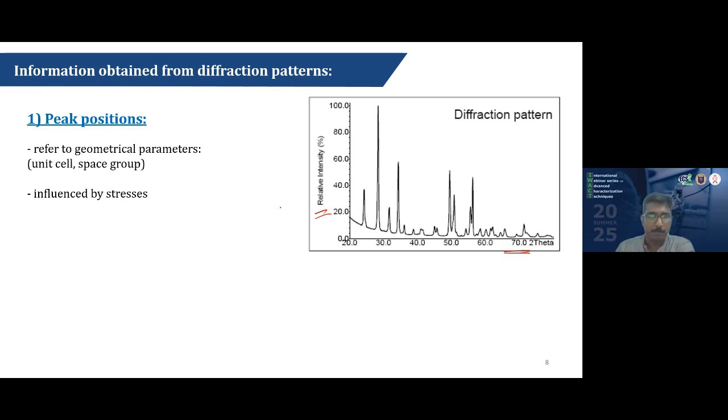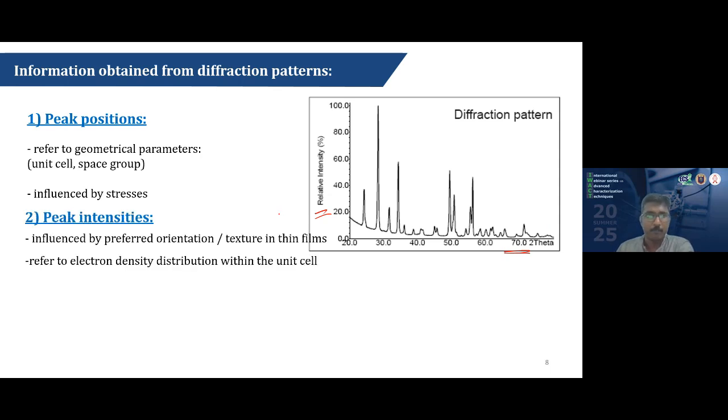From the peak position, we can directly determine the angle of diffraction, or the interplanar spacing can be calculated using the Bragg equation. From the interplanar spacing, we can calculate the unit cell and space groups. Also, the peak position may change with the composition and stress within the film.